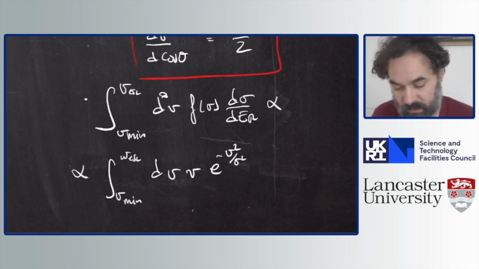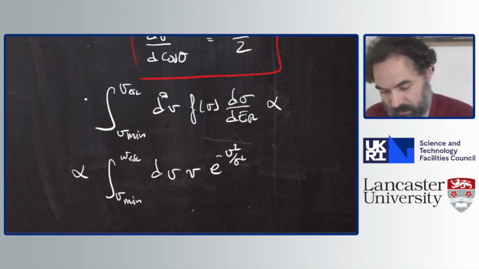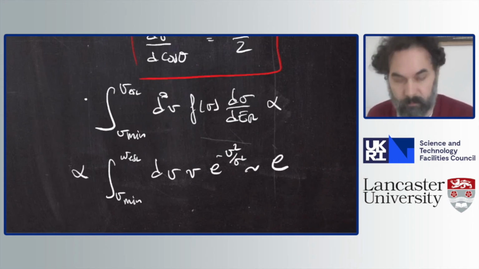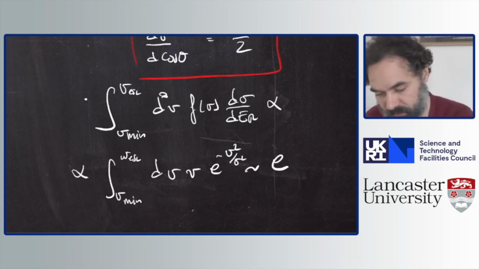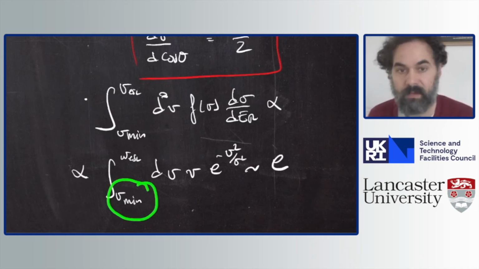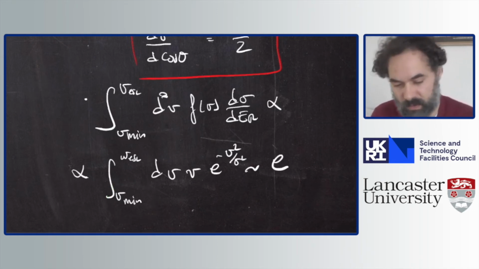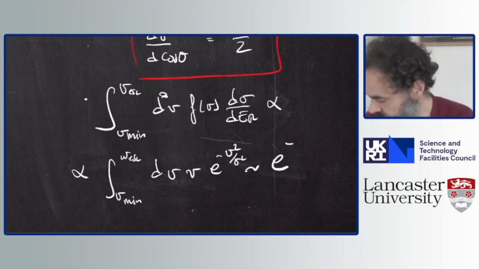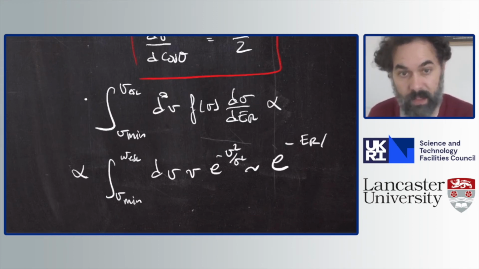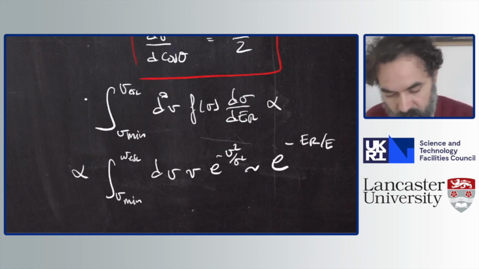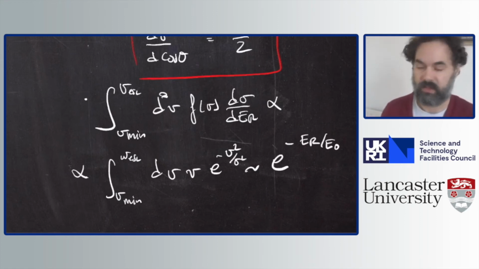The important thing is that it turns out to be relevant only at low velocities, because it is an exponentially suppressed thing. So the dominating part of the integral is this one, and it integrates to the energy of recoil divided by some zero energy.